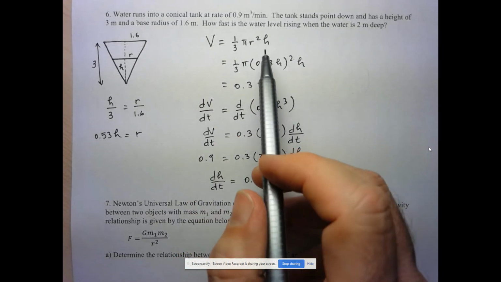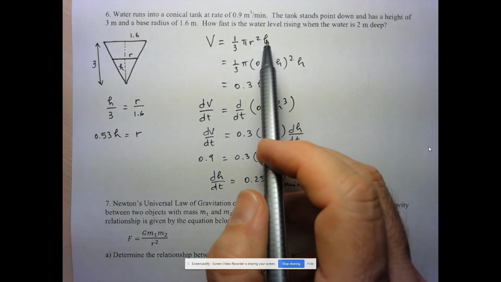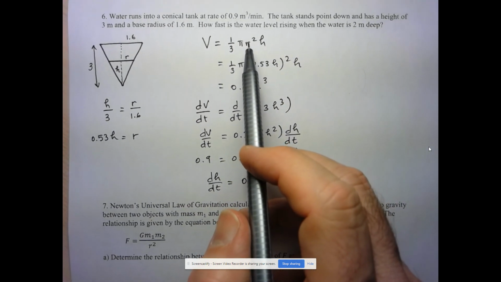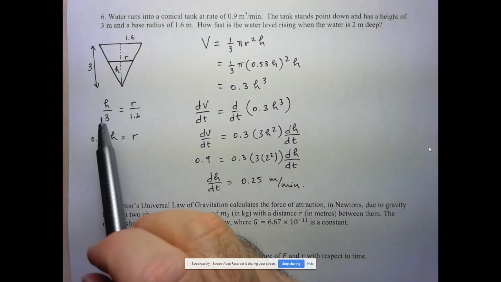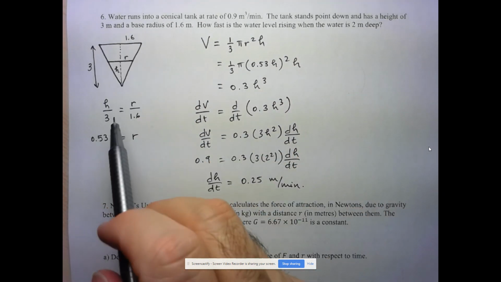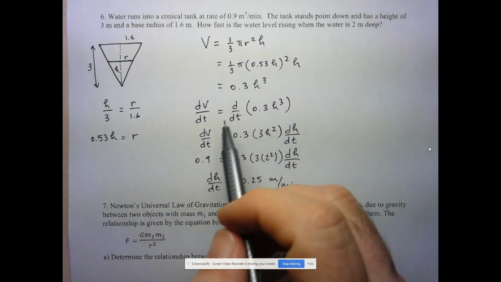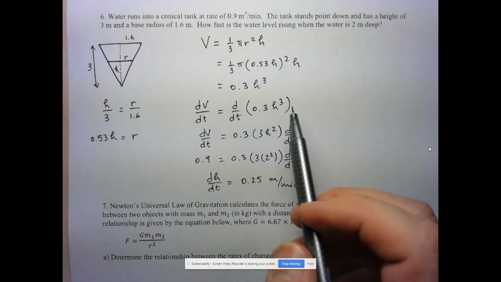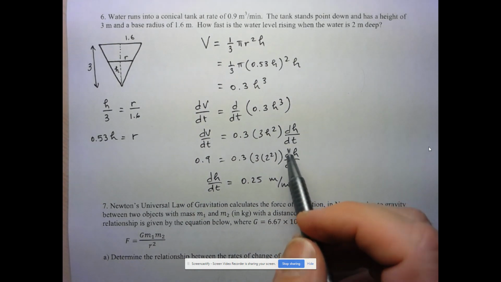But because all the information given or of interest had to do with the height, we needed to find a way to get the radius out of the equation. This is where we used another one of our tools, similar triangles, to set up a relationship between h and r. Once we have that, we can then take the derivative of both sides and find our related rates equation. That's it for this one.